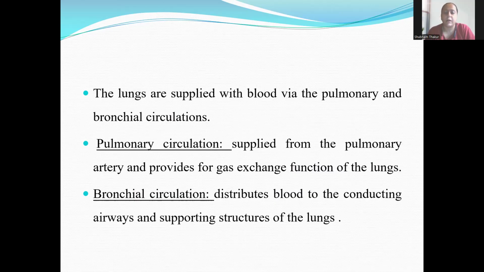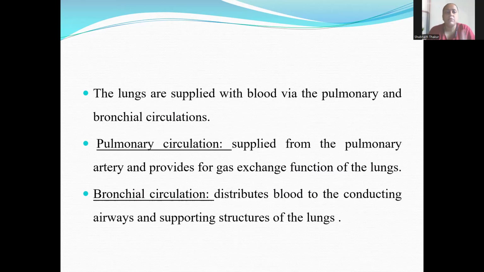Here there are four pulmonary veins. They return the freshly oxygenated blood with the help of the capillary beds into the left atrium.